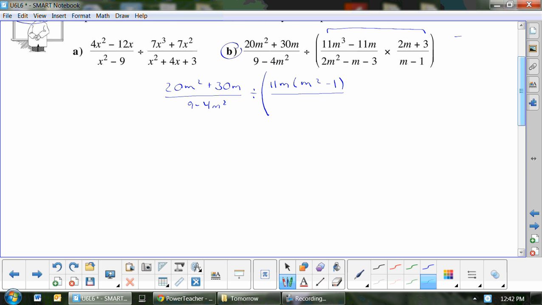So we get two things that add to negative 1 and that multiply to negative 6. So we get negative 3 and 2. So we get 2m squared minus 3m plus 2m minus 3. And that gives us 2m minus 3 and m plus 3.